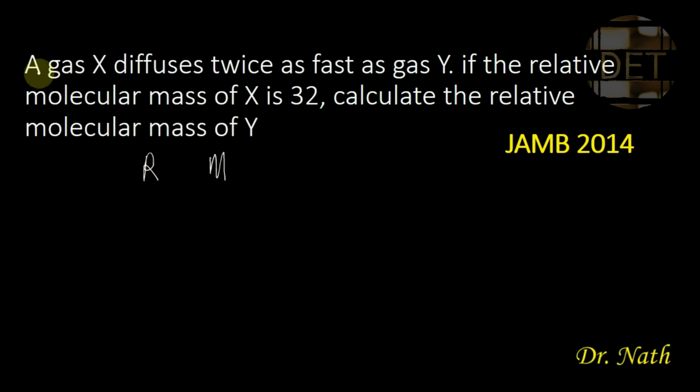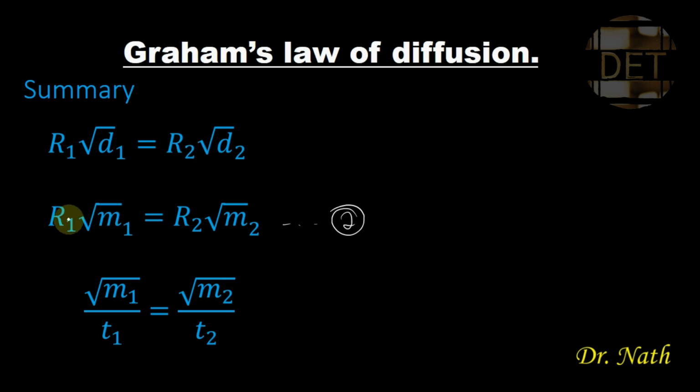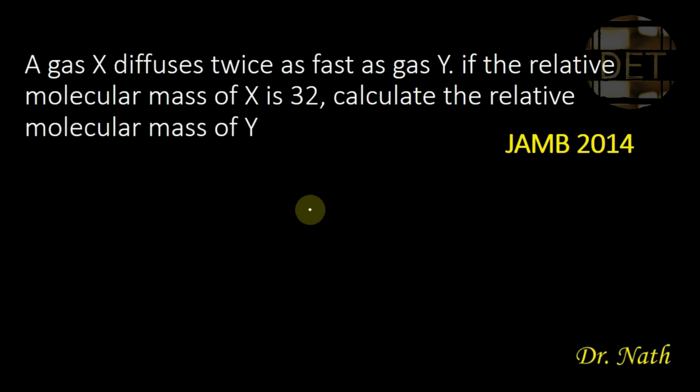So the equation we are going to apply is the one that involves rate and relative molecular mass, and that is equation 2. According to equation 2, we have R1 square root of M1 is equal to R2 square root of M2.